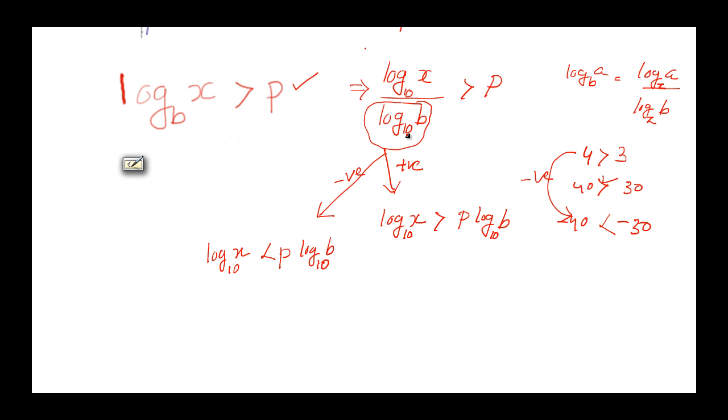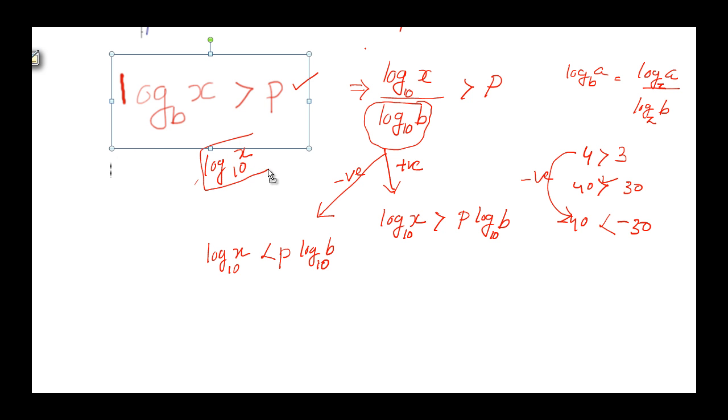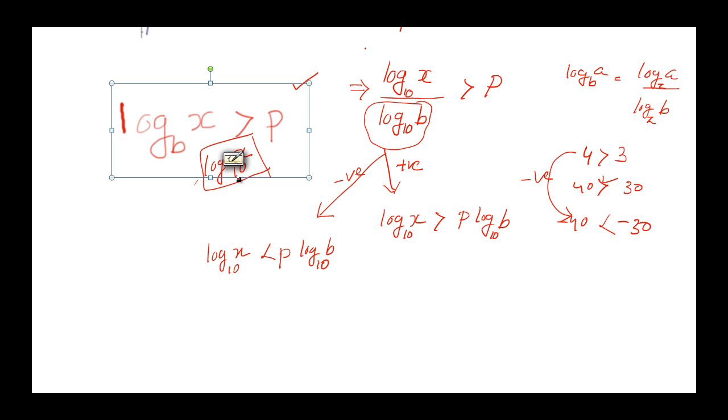Now, we have previously seen the graph of log x to the base 10, and we have analyzed that it always shows an increasing curve. This curve always increases. As x increases, the log x increases, and log x becomes negative when x is a bit less than 1.